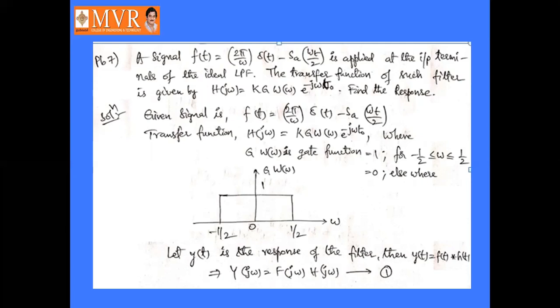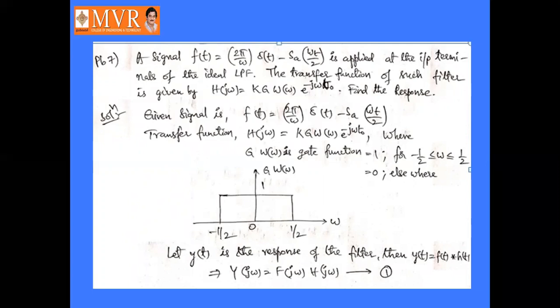So the given input signal is f of t equal to 2 pi by omega delta of t minus Sa of omega t by 2, and the transfer function is given as H of j omega is equal to G into W of omega into e power minus j omega t naught, where G into W of omega is a gate function.